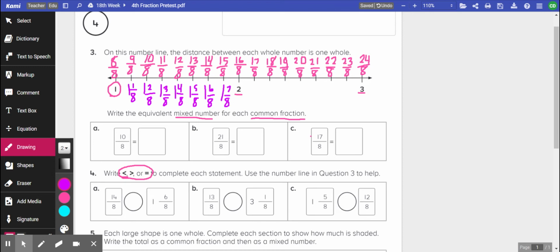Now again, another mistake students make is they say 2 and 8/8 or 2 and 9/8 or 2 and 17/8. Once you hit a whole number, if you're doing mixed numbers, the eighths start over.